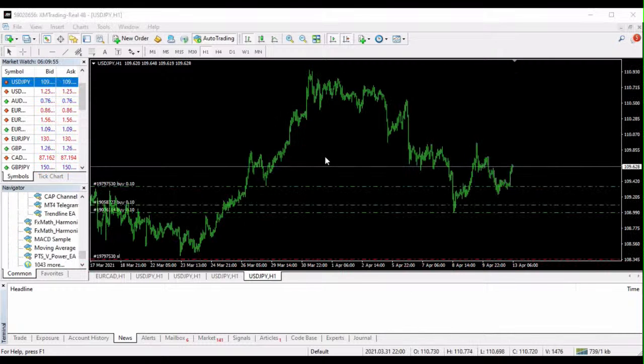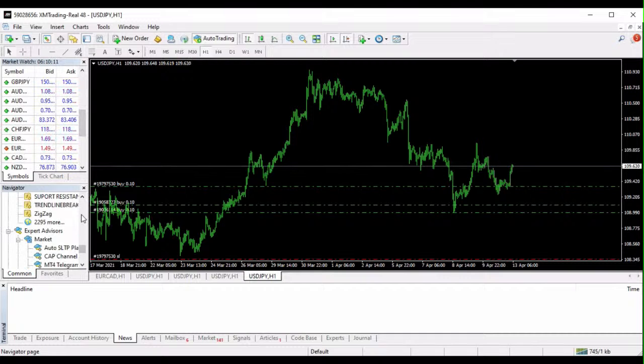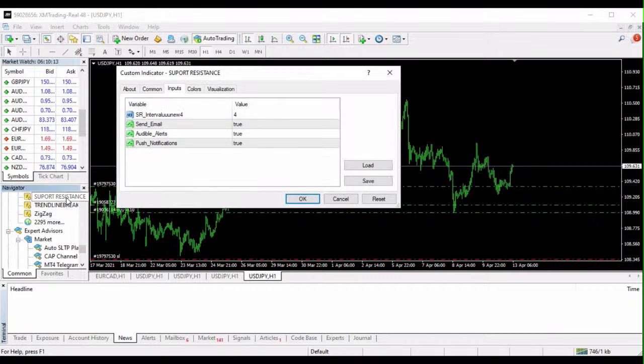Okay, man. Welcome back to this cool lesson. What I'm trying to show you guys right here is the support resistance tool. We just want to make a very simple strategy. 200 support resistance.